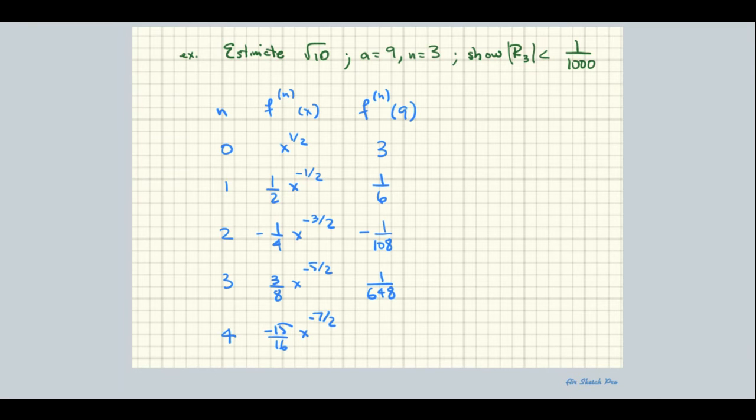Okay. Now, I'm going to give you guys a little fast trick. Number 4, we're not actually going to plug it in at 9, other than the sense that I'm interested in knowing, how do I want to put this? This is an alternating series, guys.